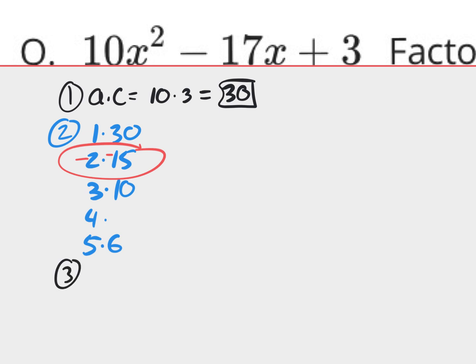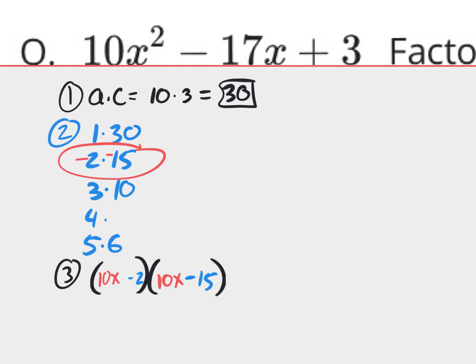Now, the third step is to do your factored form format, and you put an 8x right here and an 8x right there. What is your a? It's actually 10, okay? So we're going to put 10x and 10x. And then we think, what about these blank spots? Well, the pair of numbers from step 2 go right into those blank spots. So we have a minus 2 and also a minus 15. So that's step 3.